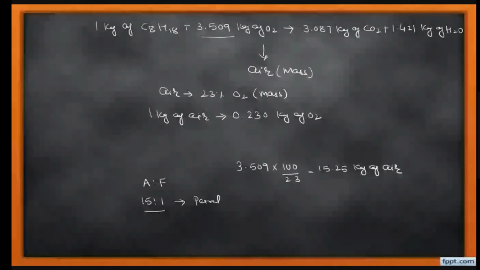If it is the proper amount, meaning a theoretical balance, then we call it stoichiometric. The second type is a rich mixture, and the third is a lean mixture. Rich mixture means more fuel, and lean means more air.